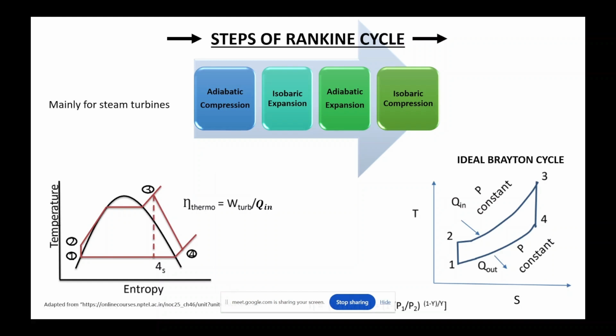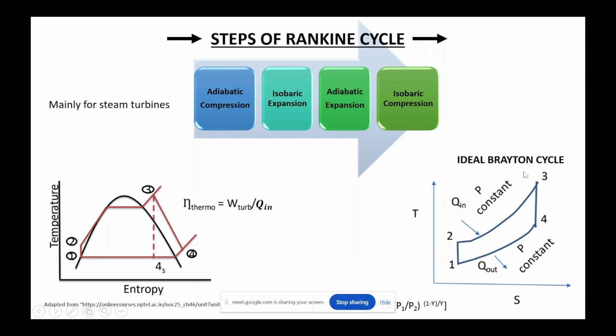In case it is a gas turbine, if you're not going to use a liquid but air, then you have the Brayton cycle. This is an ideal Brayton cycle. The first process, 1 to 2, is isentropic, and then from 2 to 3 the system gets heated at constant pressure, so this is isobaric.